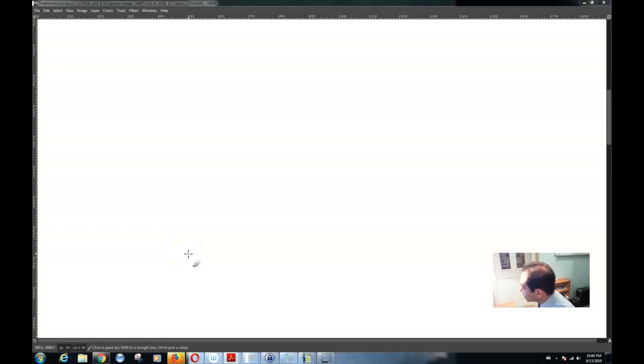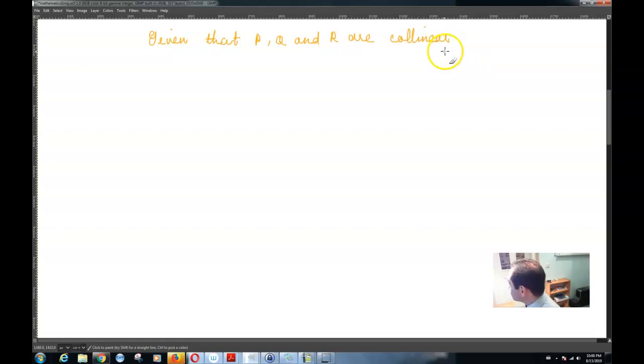It says that given that P, Q, and R are collinear, find the ratio in which Q divides PR.